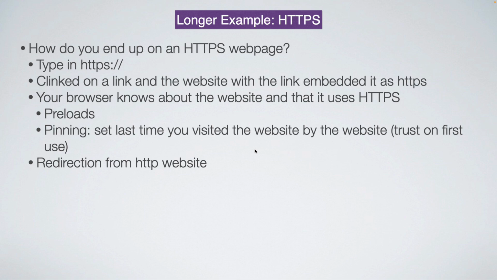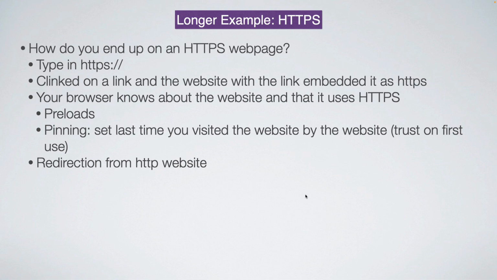They can choose whether that's a link to HTTPS Concordia or a link to HTTP. So I don't control that. I just click the link, and the person who embedded the link made that choice for me. So the website with the link embedded is the one that chooses to send you to HTTPS as opposed to HTTP.